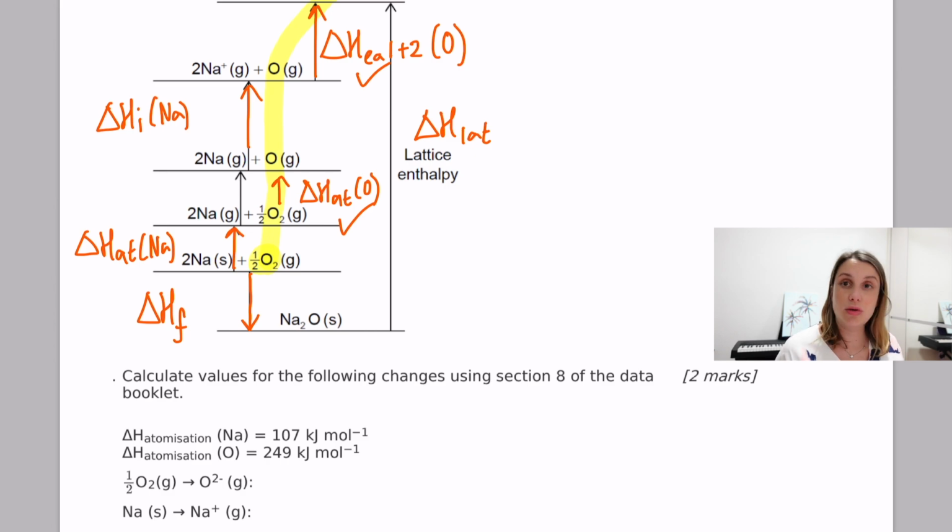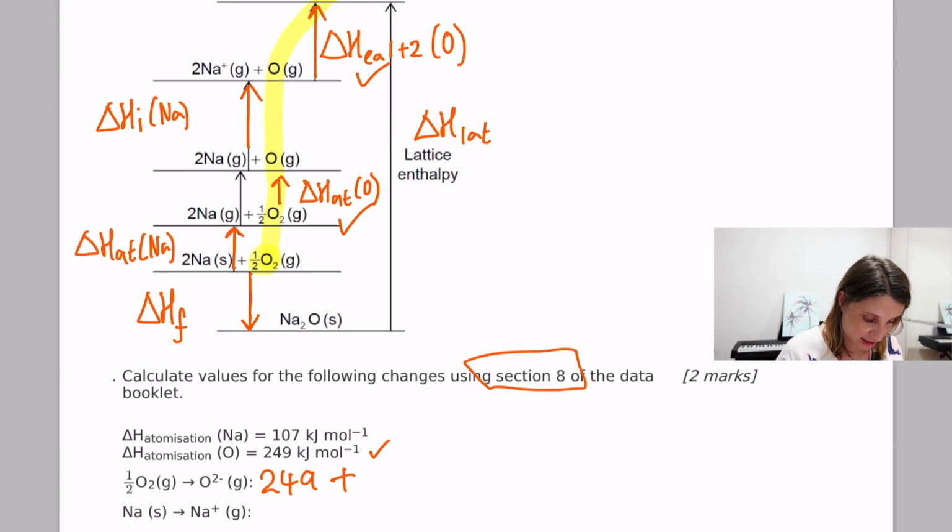So those are the two things that I'm going to need to add together in order to work out this value here. So I'm going to need the atomization for oxygen, which is given here, this 249, plus the first and second electron affinity. And they gave me a clue as to where to find this in section 8 of the data booklet.